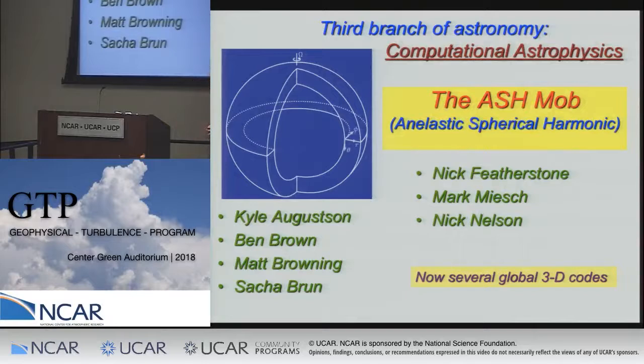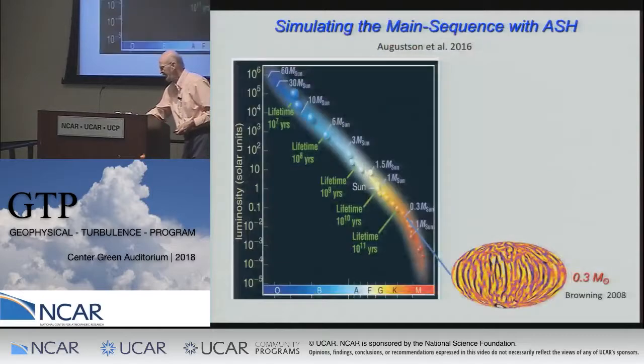So let me touch ever so briefly on some of the experiences that many of us have had in studying things that are around and that have shells in them. The ASH code was one of them. Now there are a number of global three-dimensional codes, and a number of us have worked on it, including Nick Featherstone.